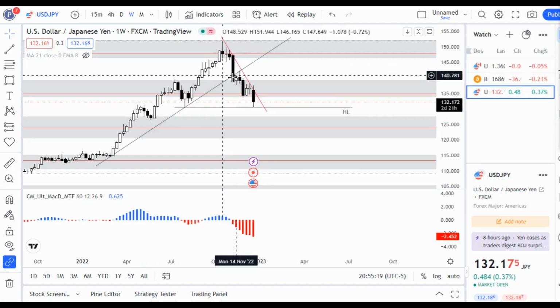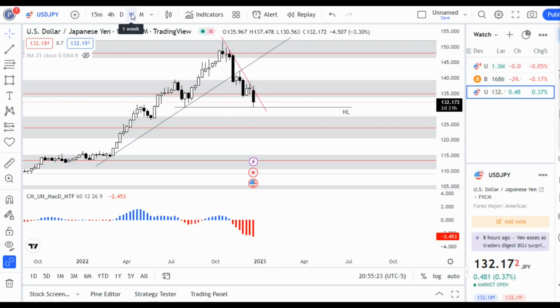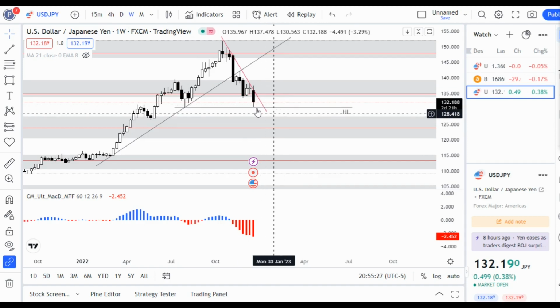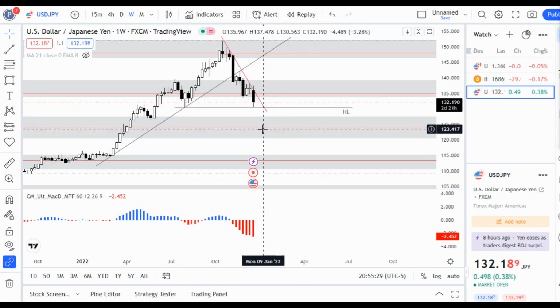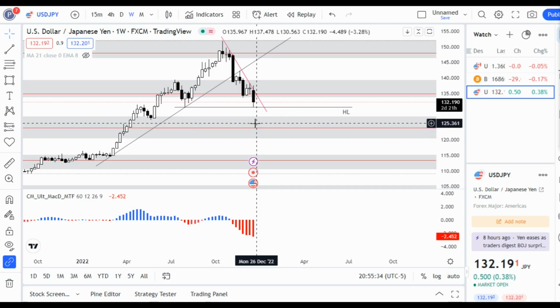Truly, we are on a selling trend here, as you see in the weekly time frame, but where the market is, you cannot say that the sellers have taken the market fully. Why? Because the market hasn't broken the market structure itself, the buying structure.